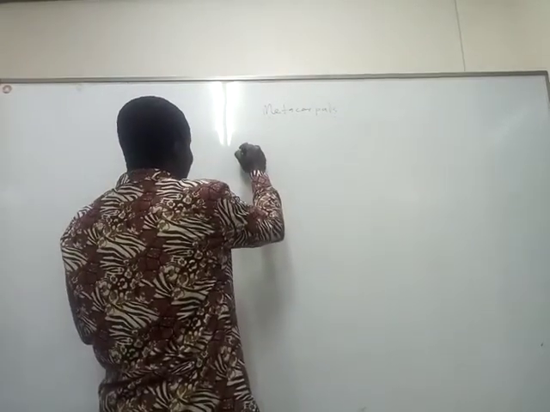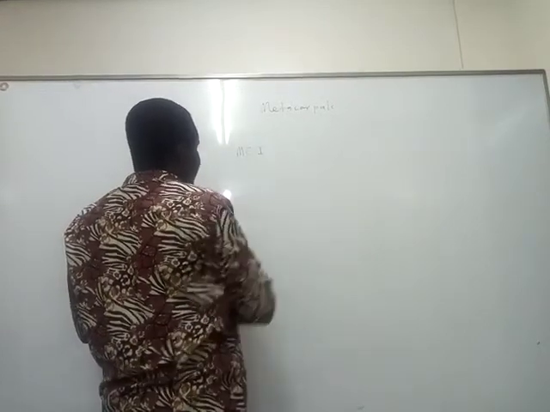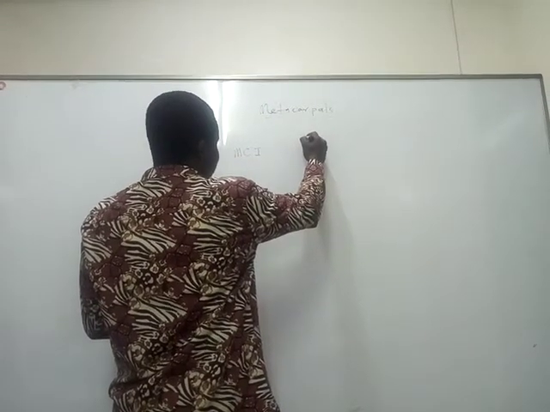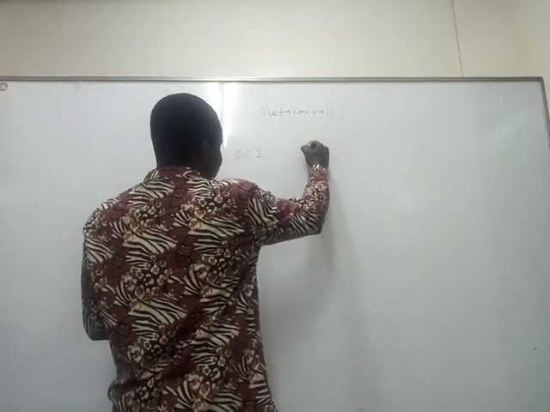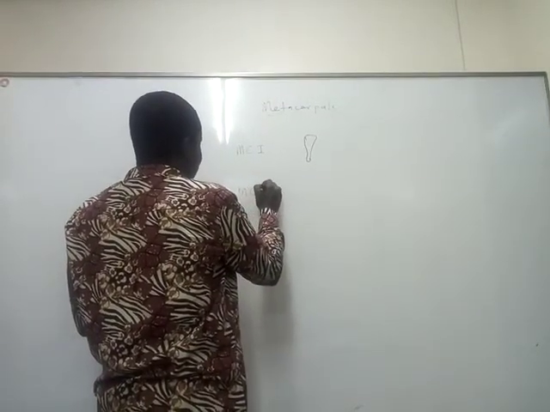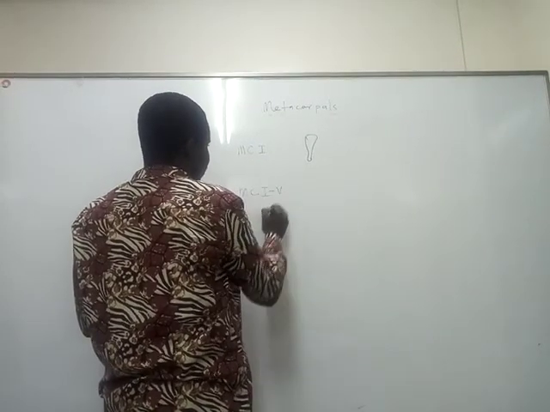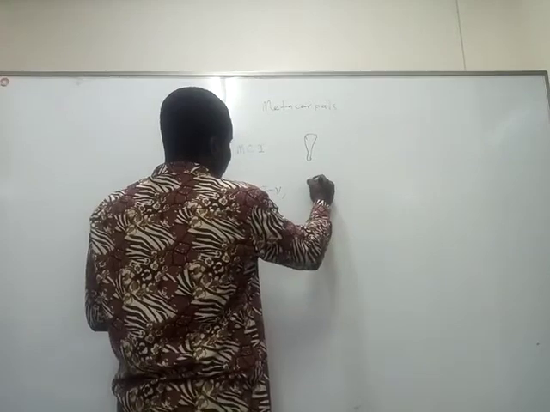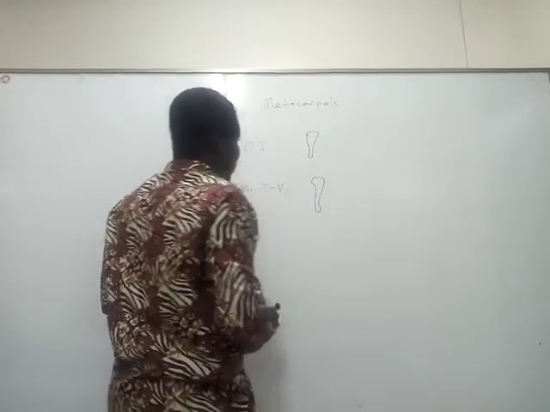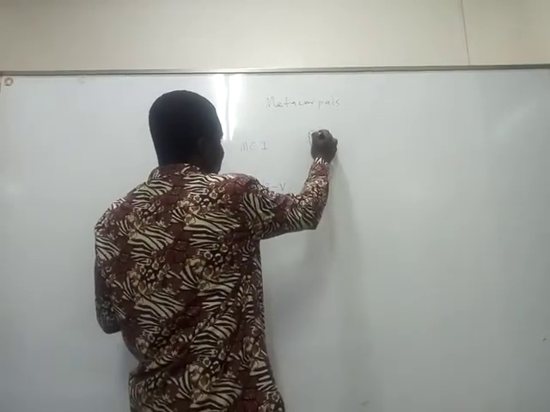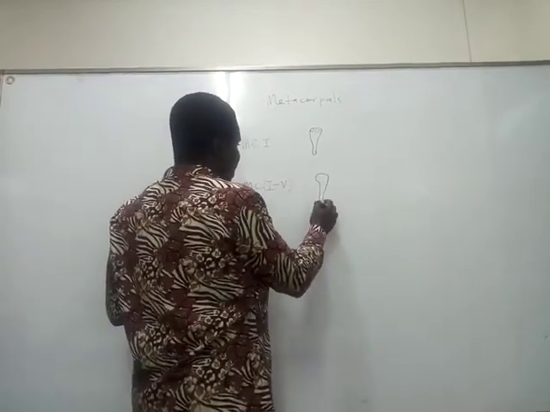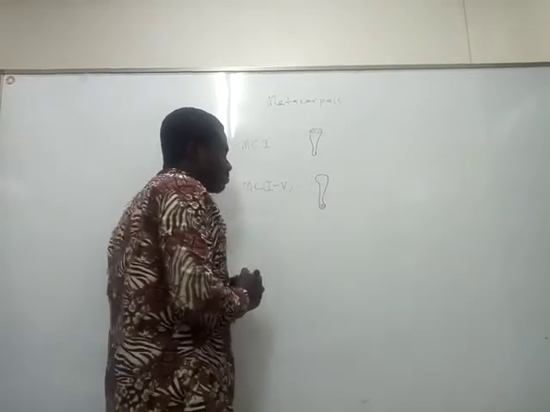Now, for the first metacarpal, let's just sketch this out. It will have a proximal base, and let's say this is metacarpal 1 up to metacarpal 5. We got to know that the functional epiphysis of metacarpal 1 is at its base, but for the remaining metacarpals, it is located at the head.